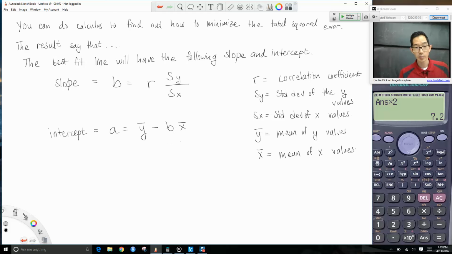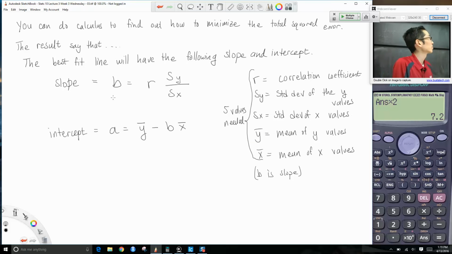Okay, and b is the slope, which you've calculated in this step, okay? So to get the slope and intercept, you just need these 5 values, okay? 5 values needed. If you have these 5 values, you can get your slope and intercept for any data set with two numeric variables, okay? Two numeric variables, you can fit this.